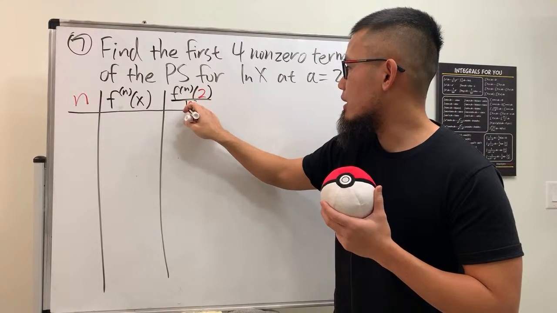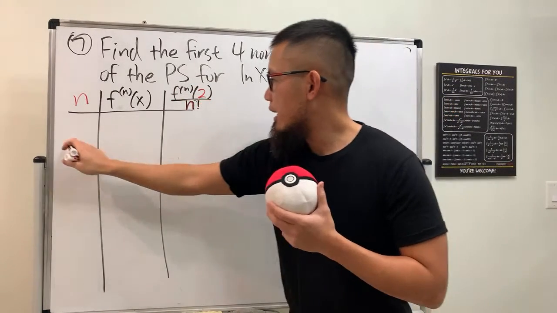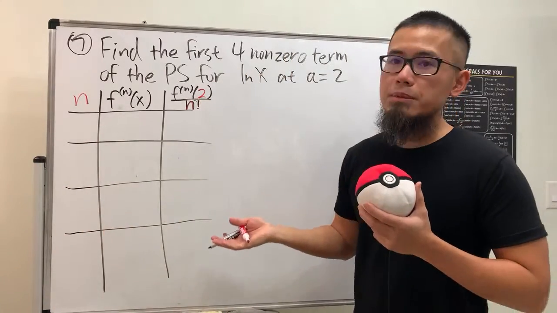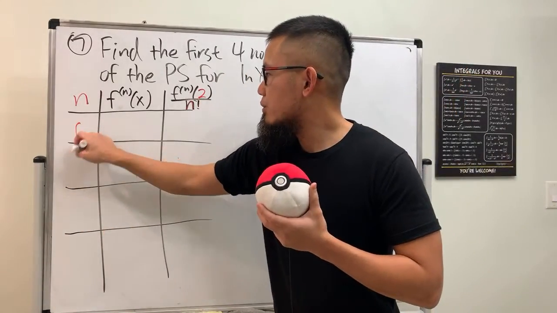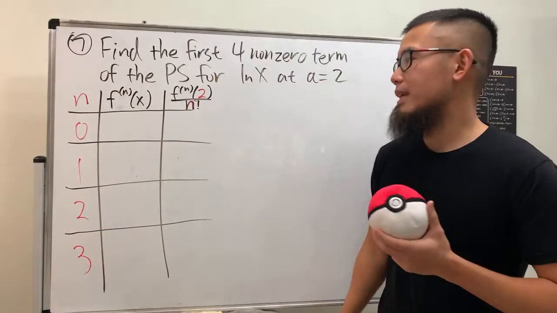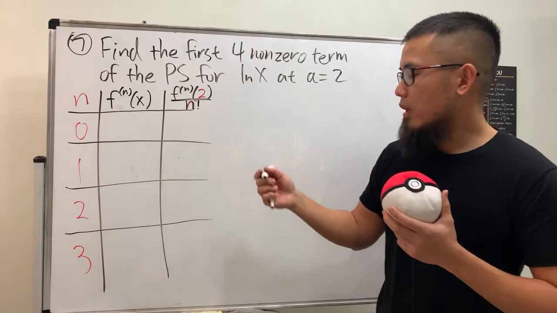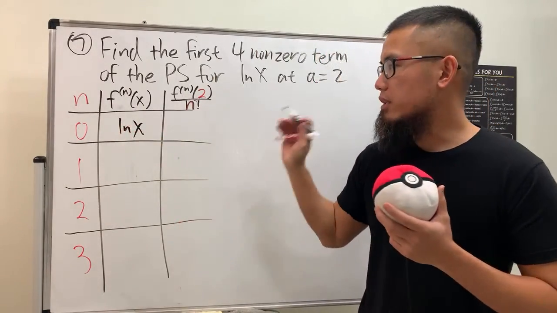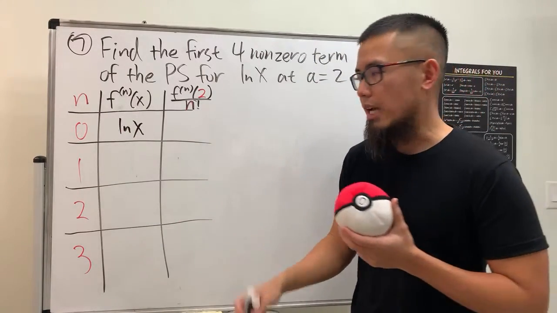So I'll put this down like this. We want the first 4 non-zero terms, so hopefully 0, 1, 2, 3. The first one is just natural log of x, by default the zeroth derivative is the function itself.